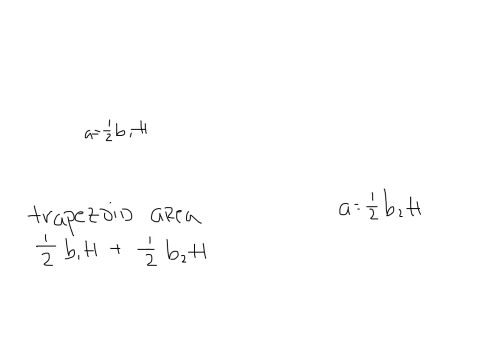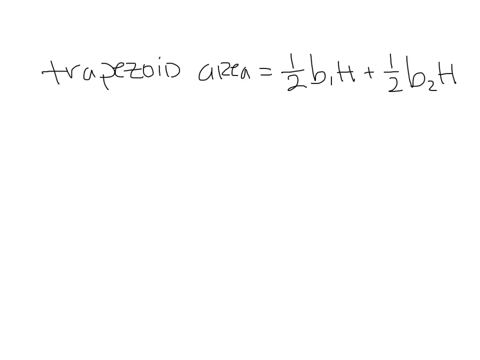Now let's see if we can use our algebra to make this look a little bit prettier. I'm going to use what I know about basic algebra to see if I can factor. I noticed that both of my terms have 1/2 and h. So I can factor out the 1/2 and the h from both terms.